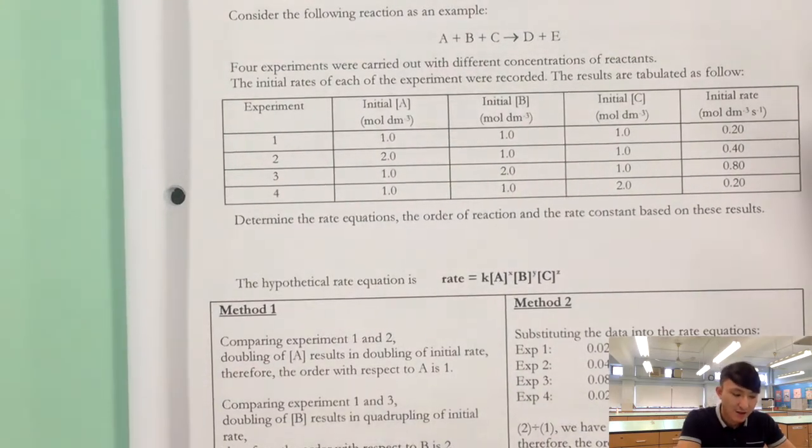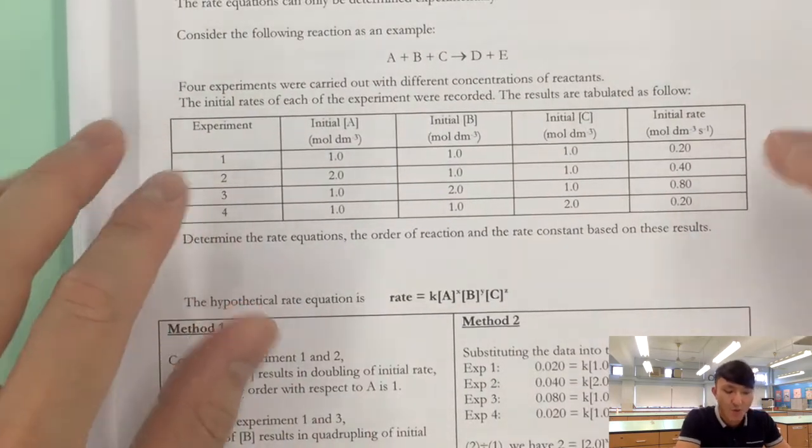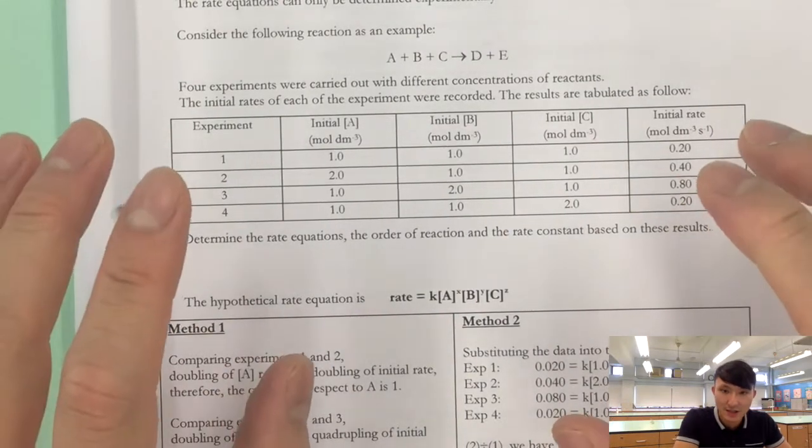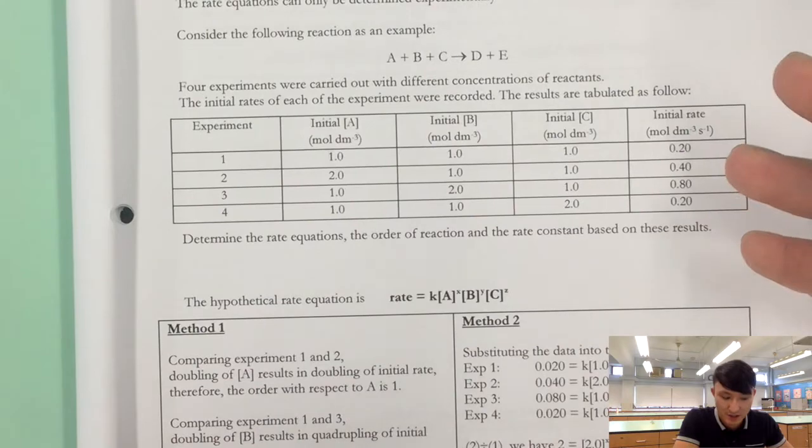Now this part, what we try to do is, we are given experimental data and we want to make use of this data to deduce the order of reaction.